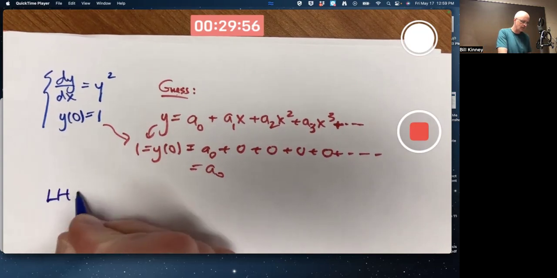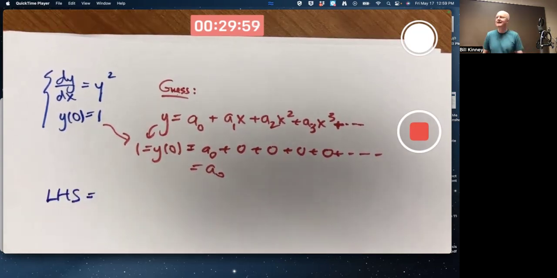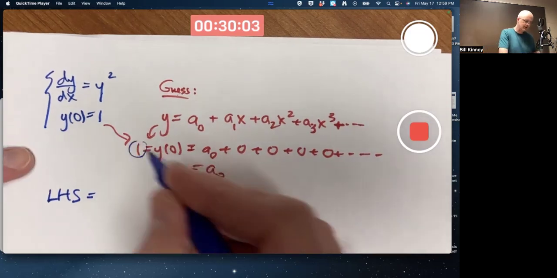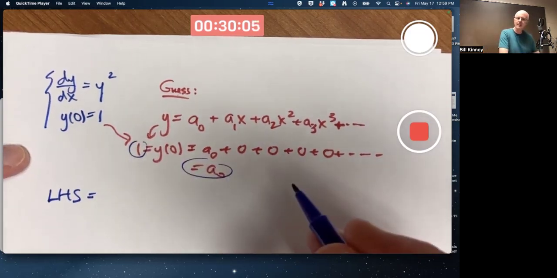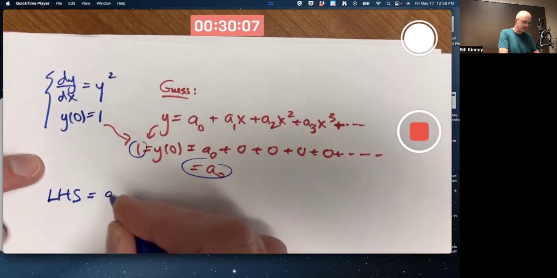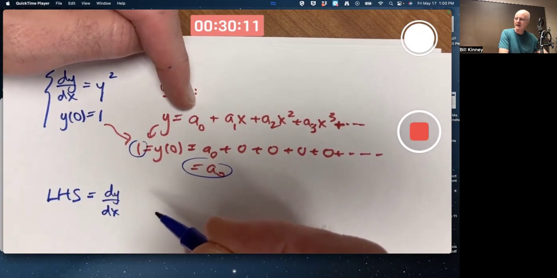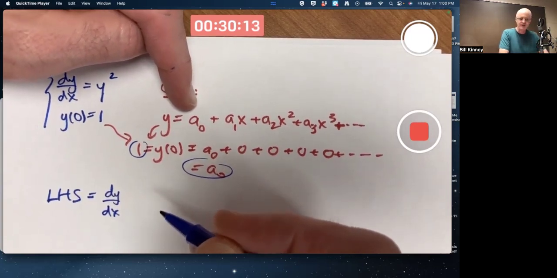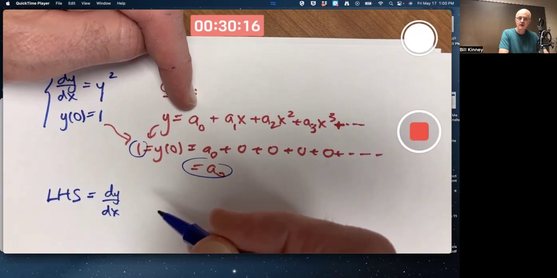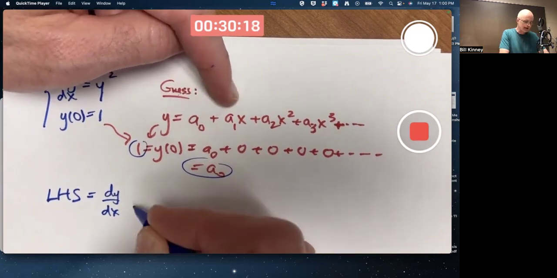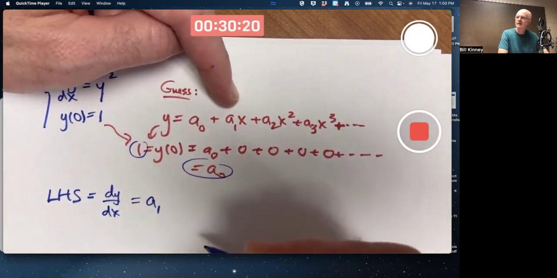As always, what does the left-hand side and the right-hand side simplify to upon substitution? I will also use the fact that A0 is 1. The left-hand side is the derivative. Differentiate this. Well, it doesn't matter what A0 is, whether it's 1 or not. The derivative of that is 0. The derivative of the next term is just an A1.